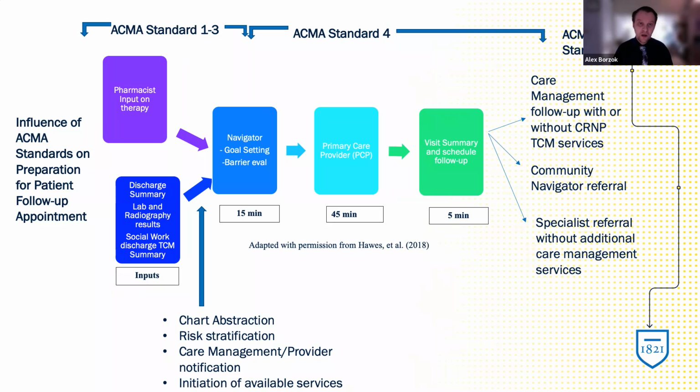The next thing with this patient flow is where you have your patient actually there in the office for the follow-up appointment, and your navigator and your primary care provider are both going to see the patient in this visit, and you're going to approach them and say, hey, you are eligible, you meet criteria for certain services.